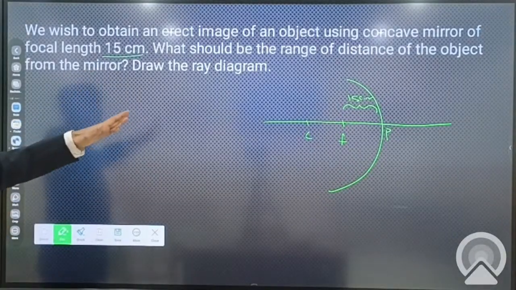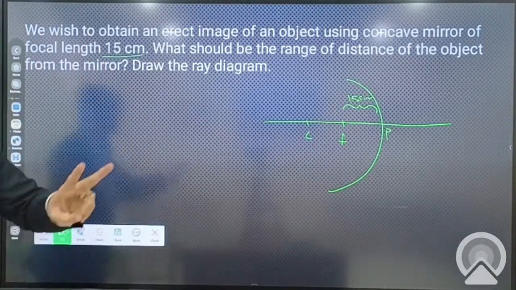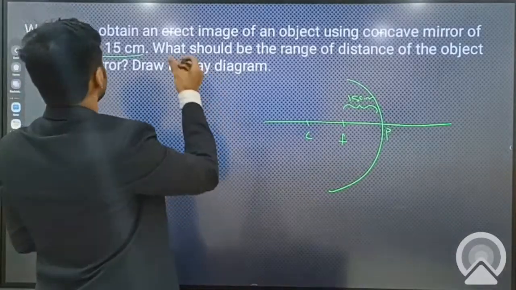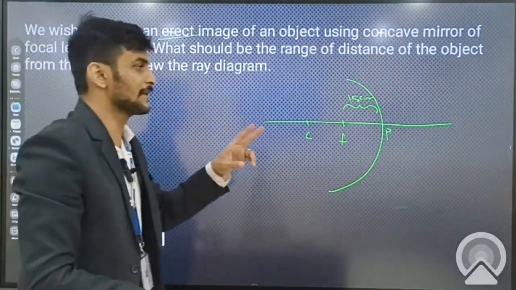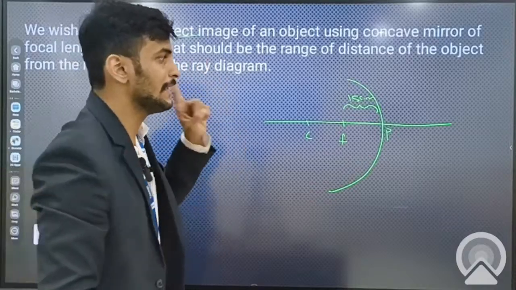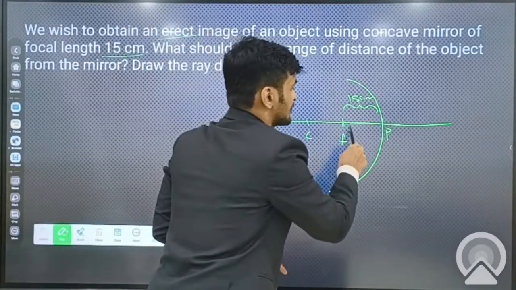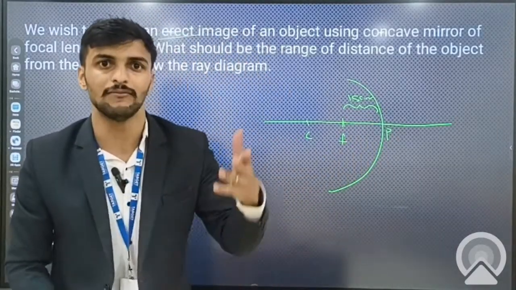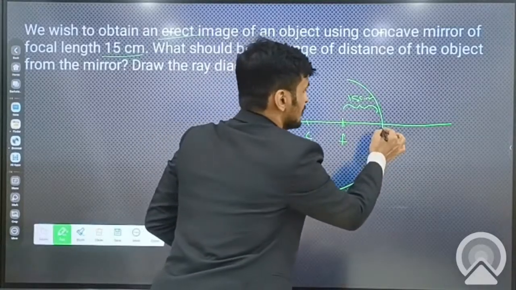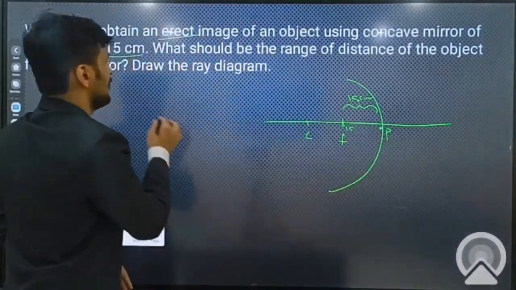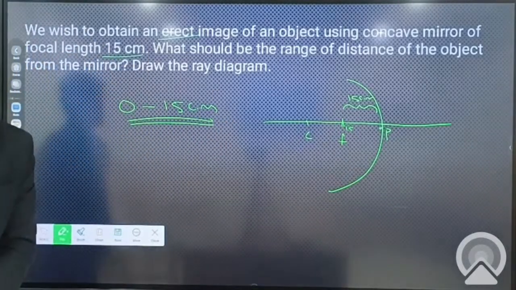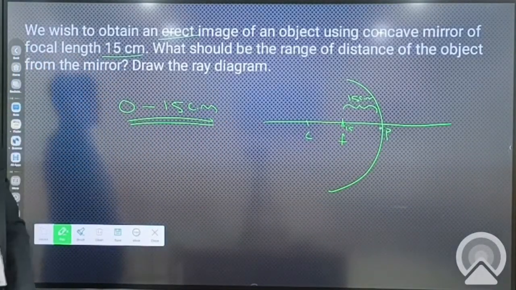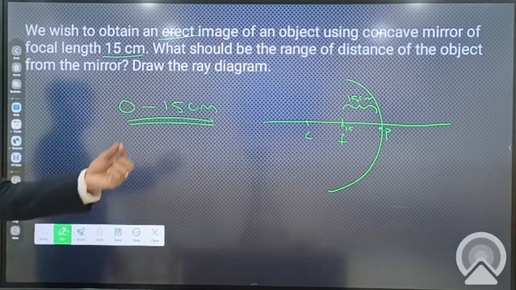Here we have to obtain an image, and the image must be erect. We know concave mirrors produce an erect image only if the object is placed in between F and P. Then what will be the range? From 0 to 15. The range must be 0 to 15 centimeter. Clear? Okay, small trick is there.